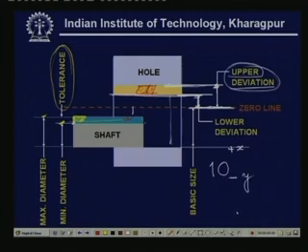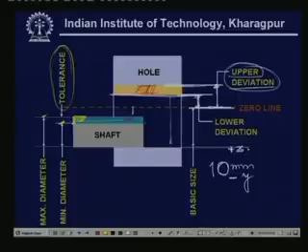What does it mean? That means the shaft has a nominal size or basic size of 10 mm, whereas its dimension can increase by x mm in the upward direction, or it can be lowered by y mm in the downward direction. That means it can be 9 point something or it can be 10 point something.